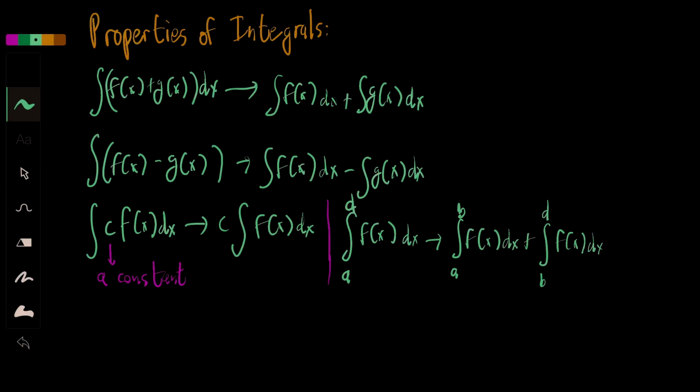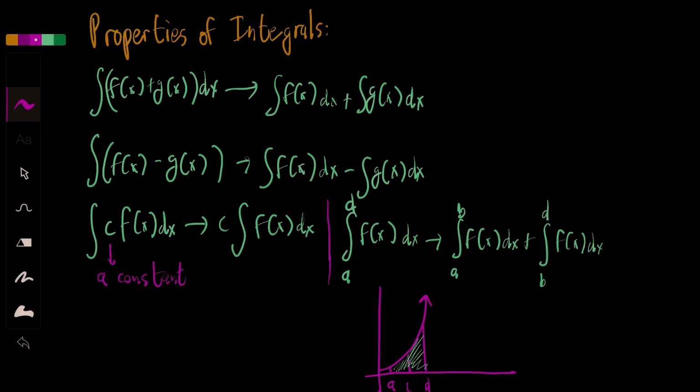It's a very big theorem, and the reason this works is if we have a graph over here, or just anything, and we have a function like this, if this is a, and this is d, and this is b, and we have the integral from a to d, it fills in this entire area.